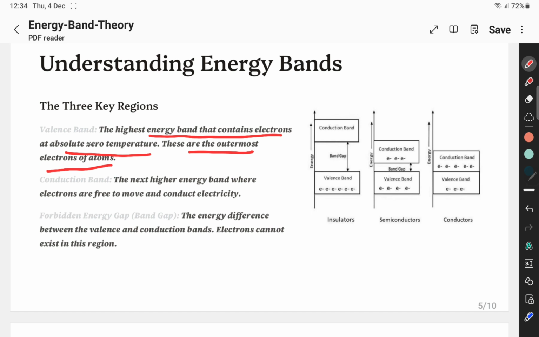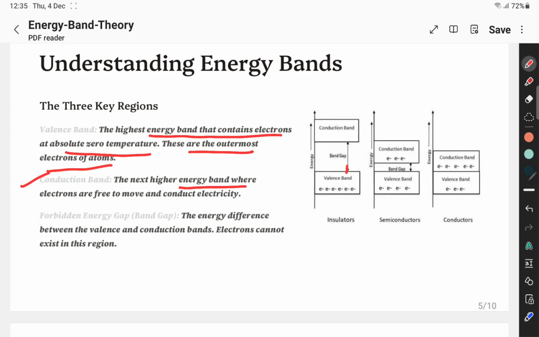They are not strongly bound to the nucleus. Valence electrons form the valence band. Next, the conduction band is the next higher energy band where electrons are free to move, where first of all it is empty.